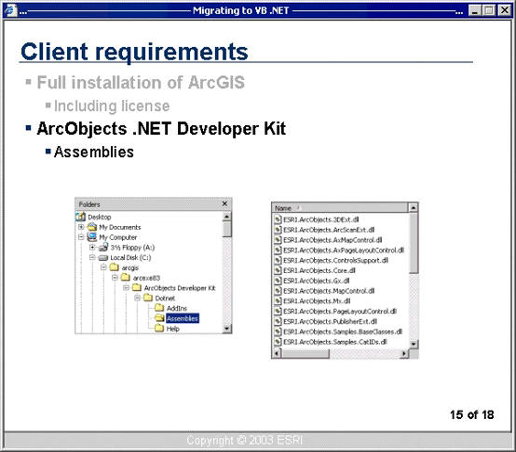Just as your development machine needs the ArcObjects .NET Developer Kit for its assemblies, your client machines will also need references to these same assemblies. So this goes quite in parallel to the question that we just processed about .NET assemblies.